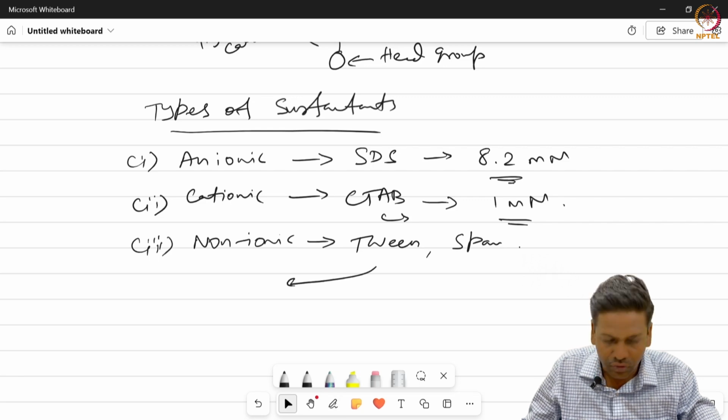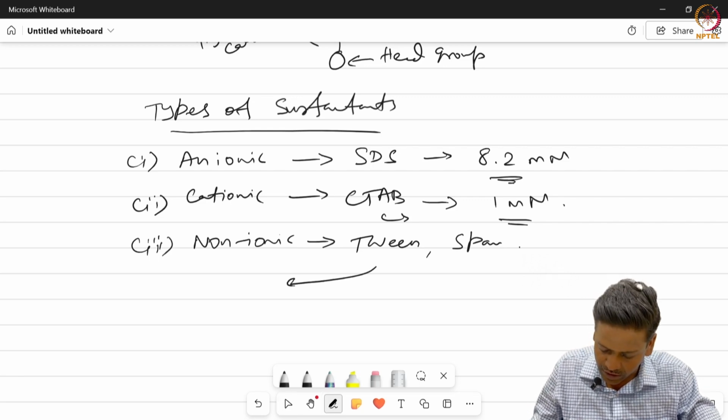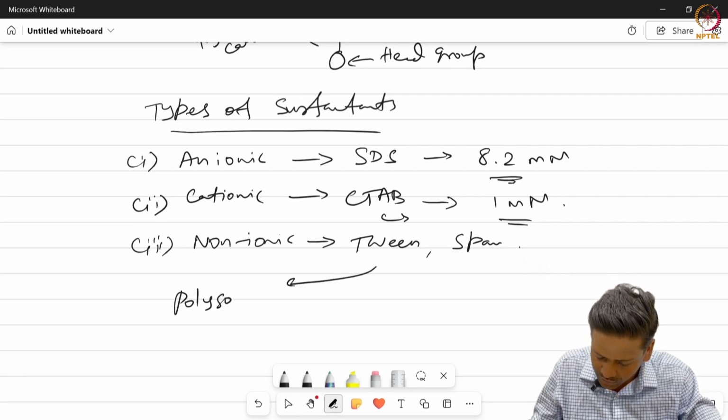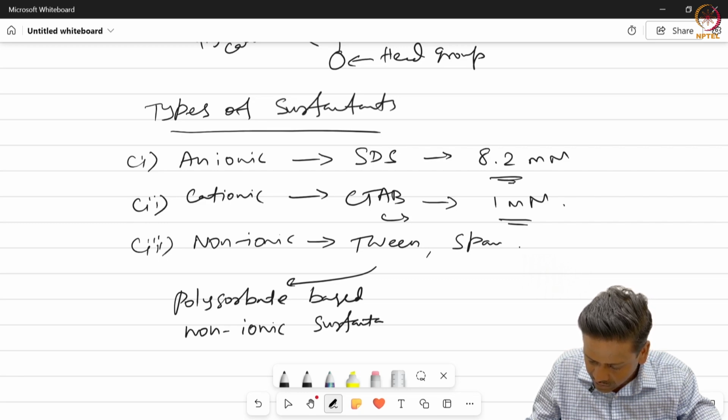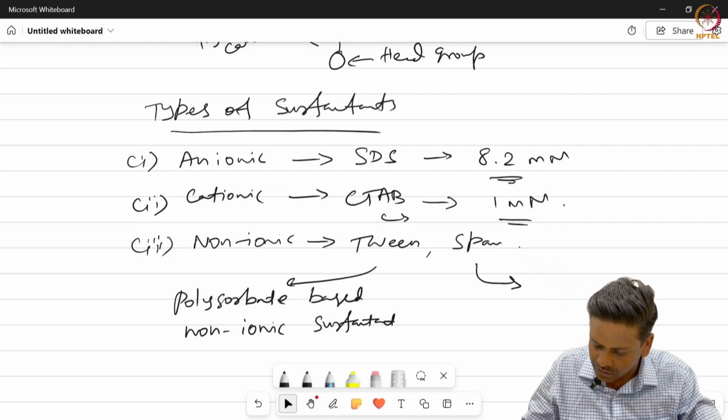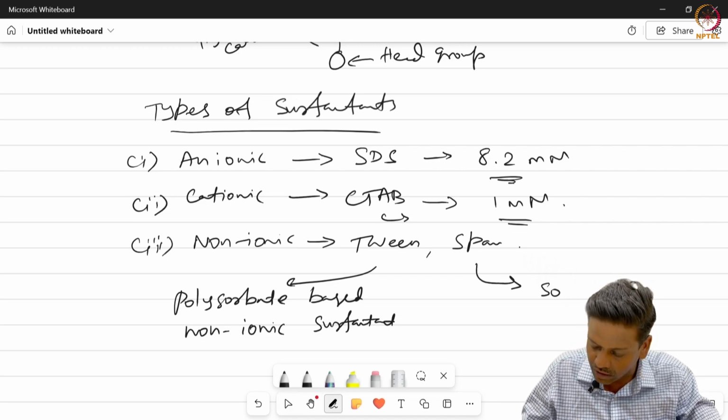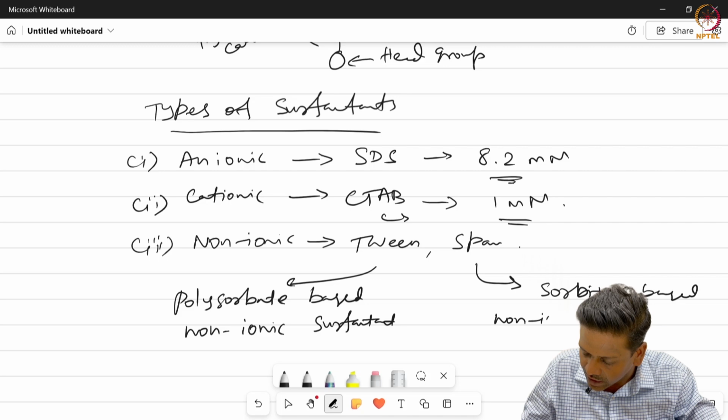Tween is usually a polysorbate based non-ionic surfactant, and Span is usually a sorbitan based non-ionic surfactant.